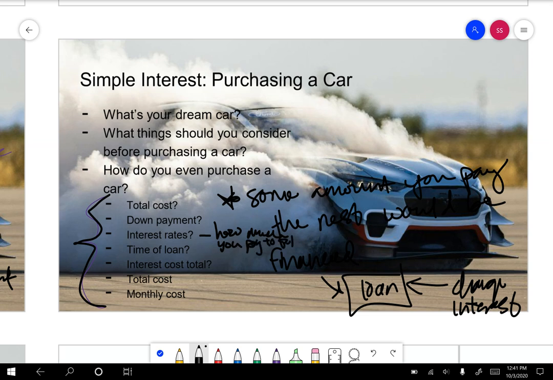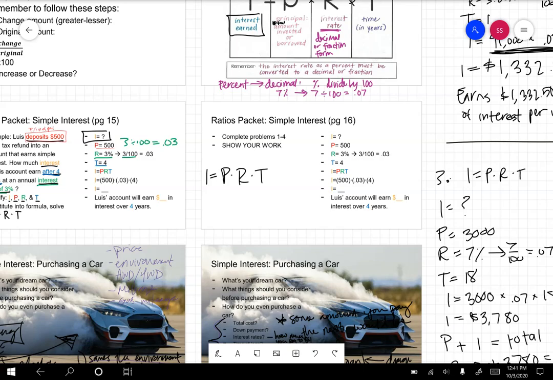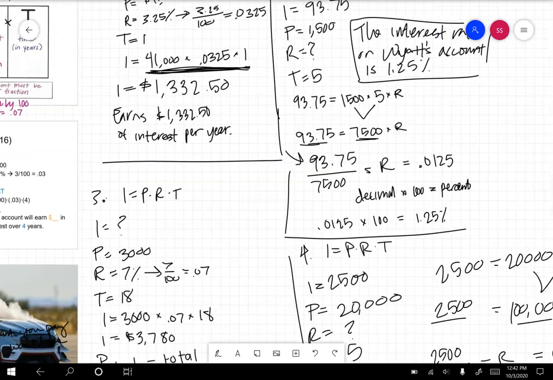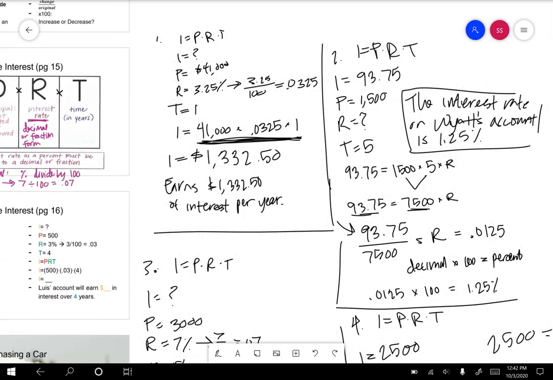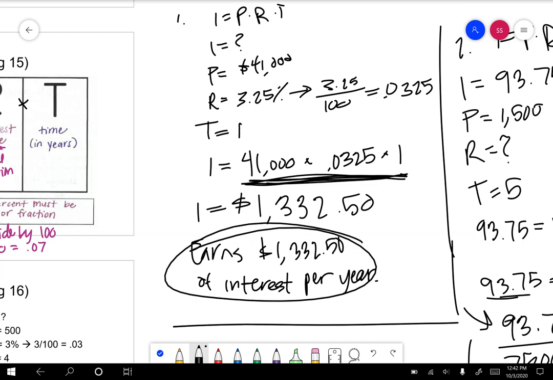Right? We saw that interest can be an awesome thing, right? If you have, where's the 4,100 amount one? Yeah. Right? So if you're putting money into a bank and earning interest on it, it can be awesome, right? You can earn a ton of money. But it can also work the opposite way, right?